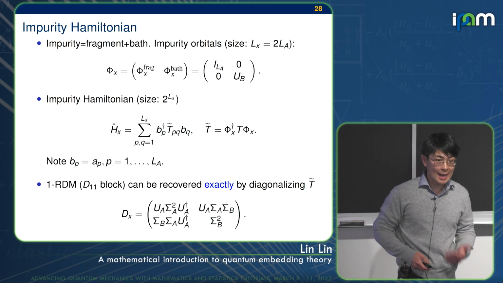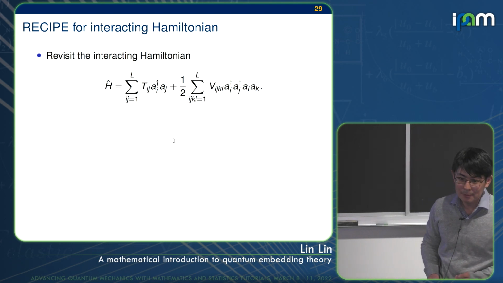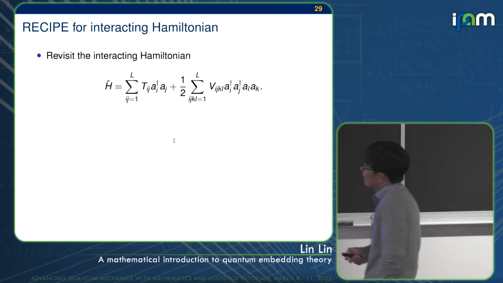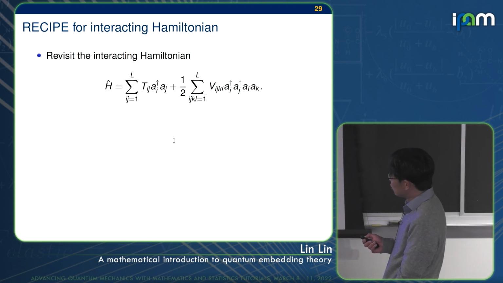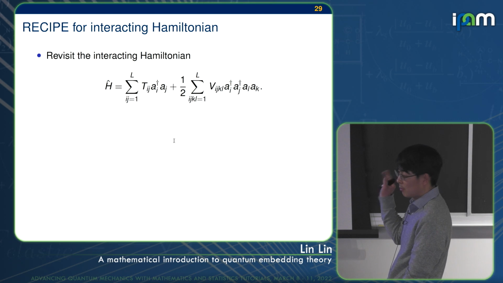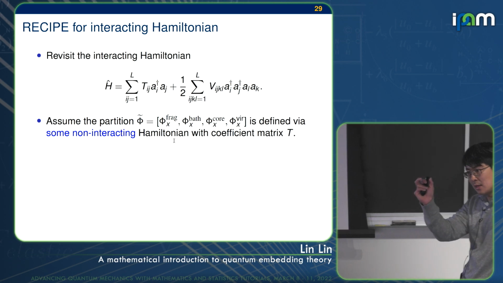And the exact derivation stops here. The next is the recipe part. The recipe is that for the interacting Hamiltonian, where you have a general problem with no impurity to start with, a general quadratic plus quartic thing, I focus on one impurity, x.